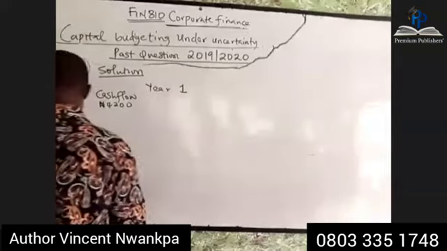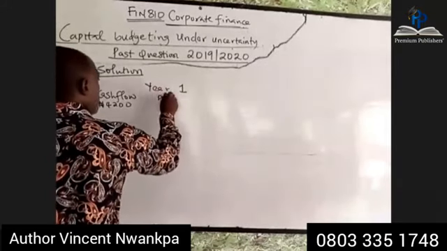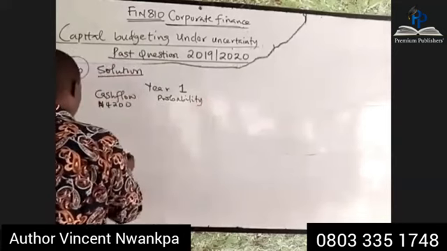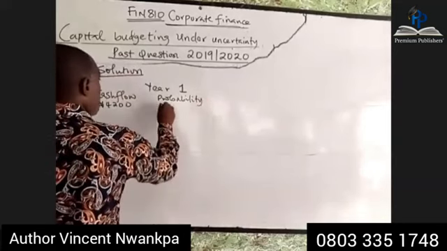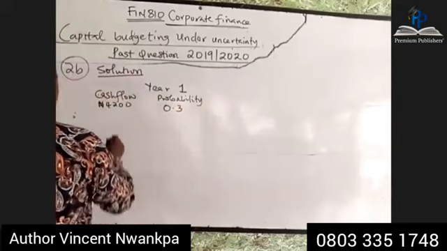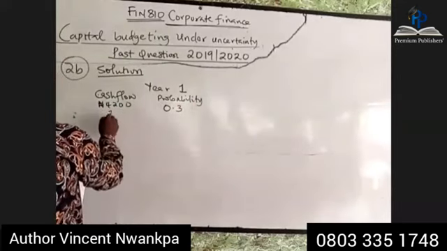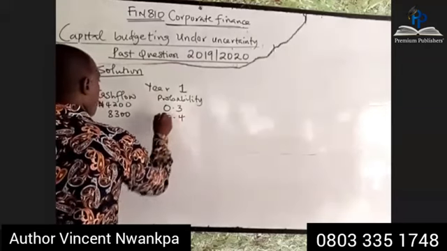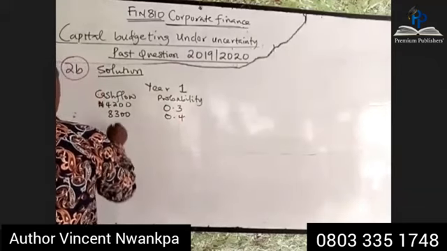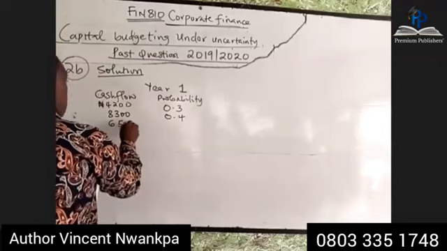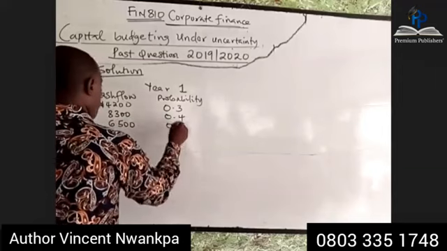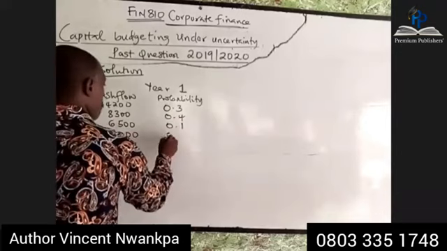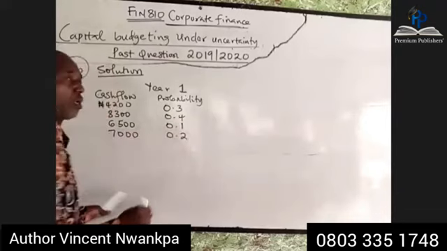First step, probability. Our probability for the first one is 0.3 for 4,200, 0.4 for 8,300, 0.1 for 6,500, and 0.2 for 7,000. Is that okay?